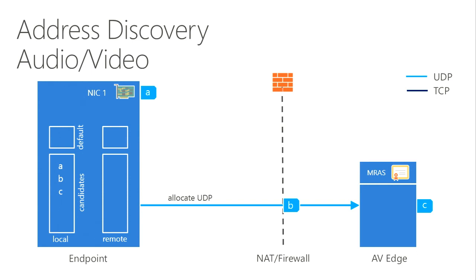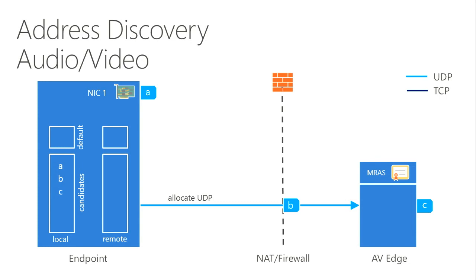The reflexive one, that's candidate B. So we send this IP packet to the AV edge server, and the AV edge server sends us back a packet and says, well, dear Alice, every time I get a packet from you, I can see actually IP address B. So your public IP address is B, and depending on your NAT device, how it's configured, maybe others will be able to communicate directly to B.